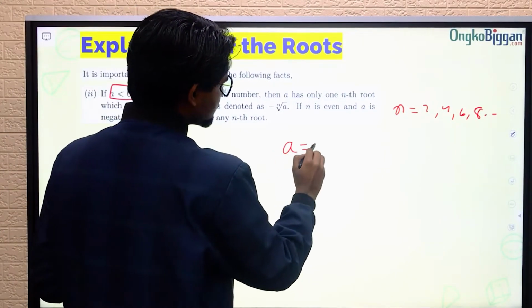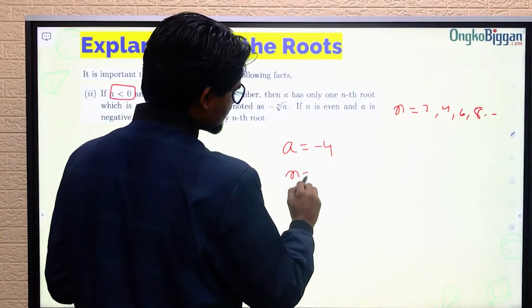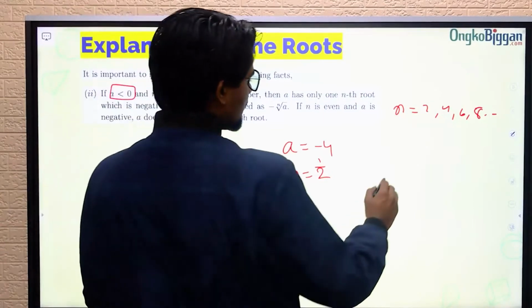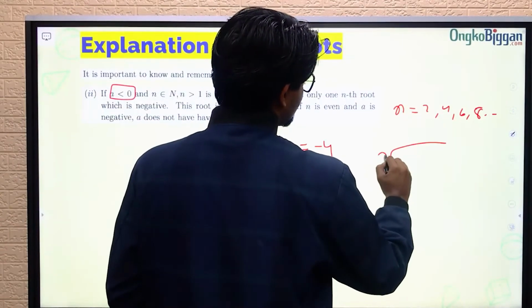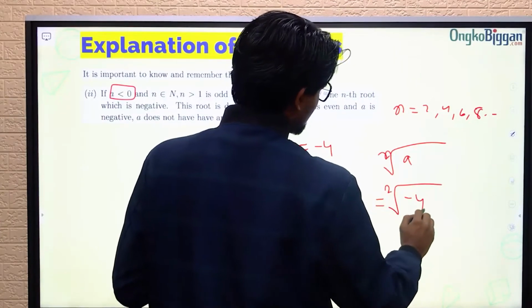So if a is equal to minus 4 and we take the square root, we can write the square root of minus 4.